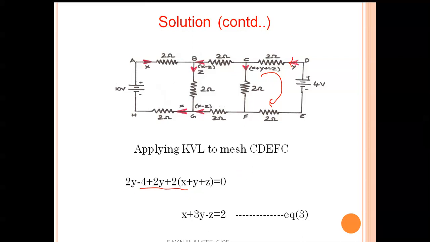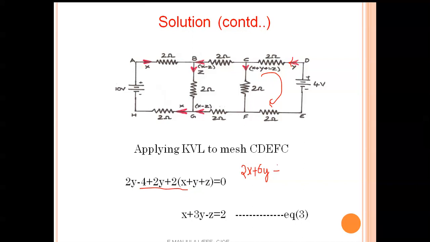So here 2y plus 2y is 4y, and plus 2y is 6y, I can write. Then here directly I can write 2x plus 6y, then 2z.